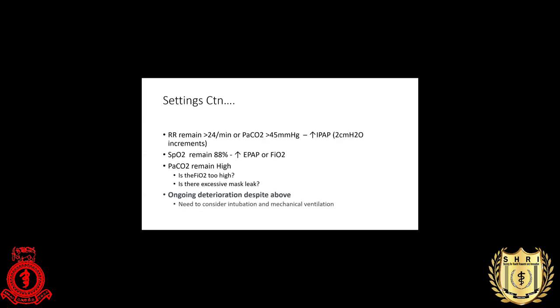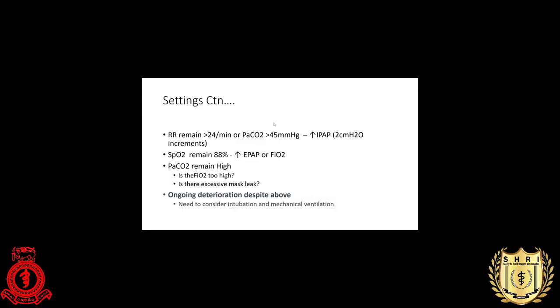As I mentioned earlier, if the patient's respiration remains high for more than 20 minutes, or carbon dioxide is more than 45, that means the alveoli are not ventilating. So you have to increase the IPAP by 2 centimeters for the increment. If the saturation remains 88, you can try increasing EPAP.